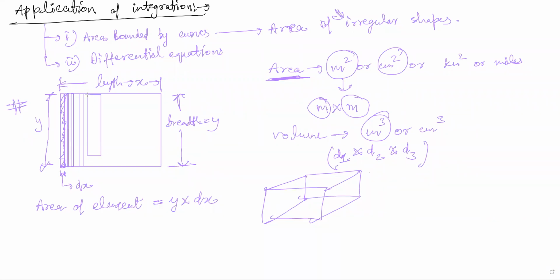If you do that infinite times, at some point you will cover this whole rectangle, and the area will be defined as y into dx plus y into dx plus y into dx, up to infinite times. And that can be written using integration.